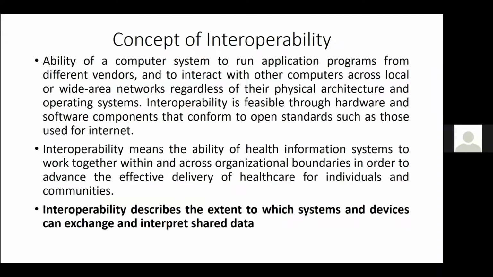First, for those who need more information on what interoperability is, this is the capability that is given to software systems so that they are able to share information with each other.